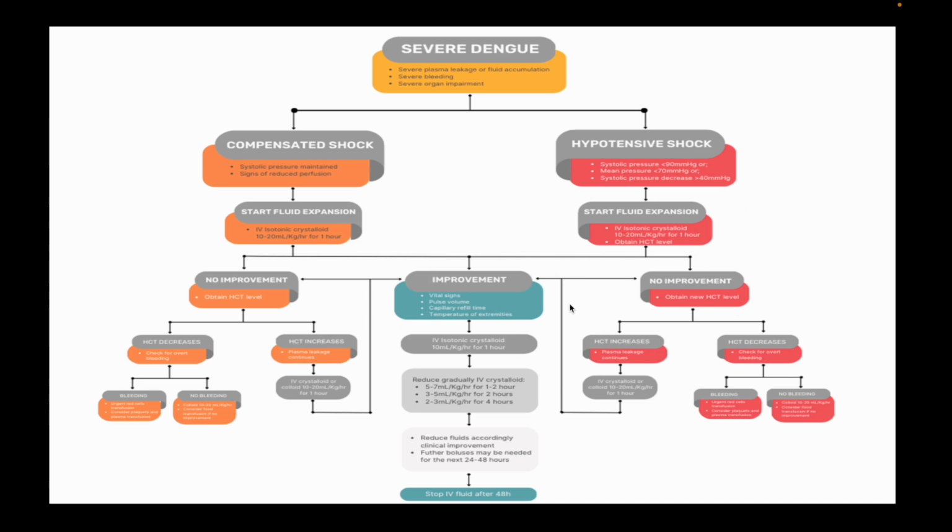If the patient is showing improvement, then continue on the same lines, gradually decrease the fluids and wean them after 48 hours. If the patient is showing no improvement in terms of the shock, then check the hematocrit. If the hematocrit is increasing, then there is plasma leakage, so give fluids. If the hematocrit is not increasing, then there is a chance of bleeding. If there is bleeding, then transfuse. If there is no bleeding, then give fluids.